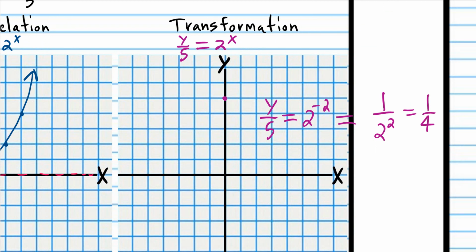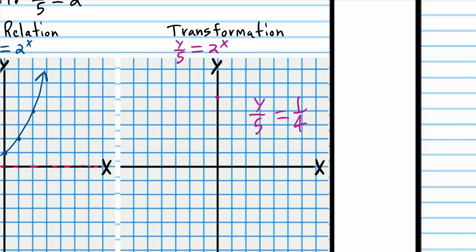So then we get y over 5 is equal to 1 over 4. Multiply both sides by 5, and we get 5/4. So if you plug in -2, we get 5/4.